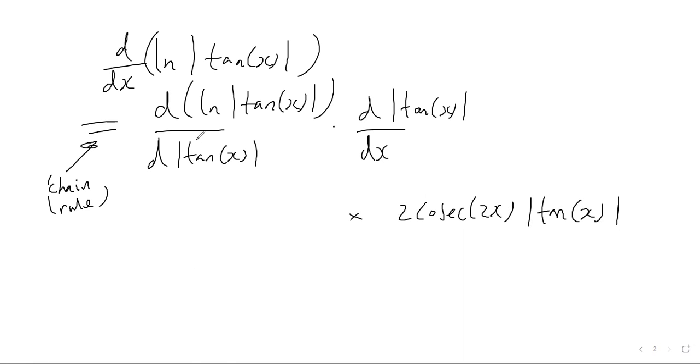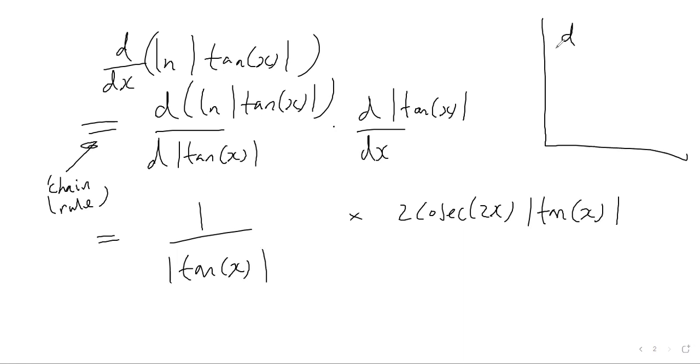And then for this first derivative, differentiating the natural log of this absolute value of tan with respect to the absolute value of tan, that should just be 1 over the absolute value of tan x. That's because when we differentiate the natural logarithm of a variable with respect to that variable, we get 1 over the variable. We're just applying this fact here too.